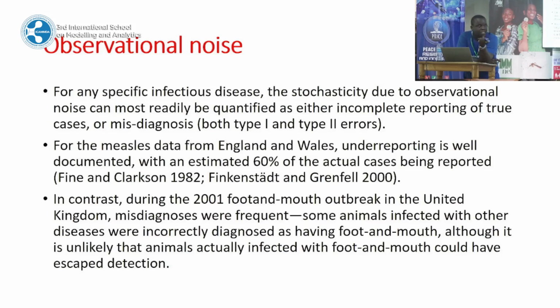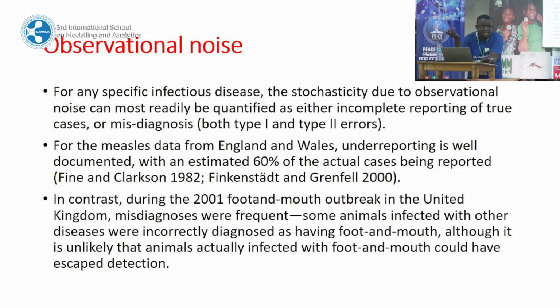But there are also cases of misdiagnosis where the diagnostic tool does not satisfy either the sensitivity or the specificity required. Certain diagnostic tools give false positives and false negatives. Somebody that is negative is said to be positive, and somebody that is positive is said to be negative. Those are the issues with diagnostic tools as well.